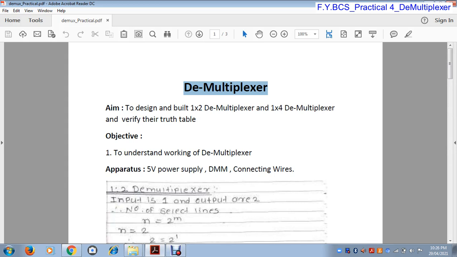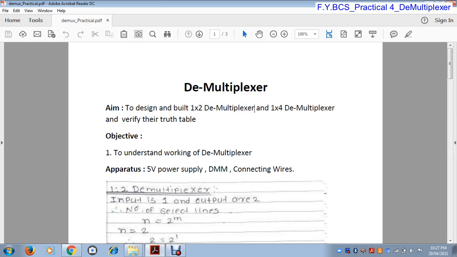We know that there are many types of demultiplexer: 1 is to 2 demultiplexer, 1 is to 4 demultiplexer, 1 is to 8 demultiplexer, 1 is to 16 demultiplexer. Today in this practical we will see the 1 is to 2 demultiplexer and the 1 is to 4 demultiplexer.